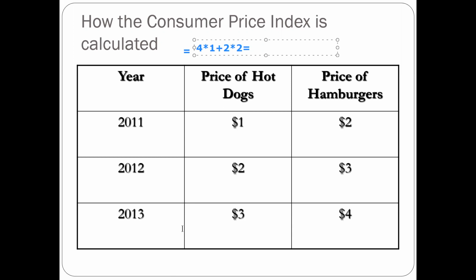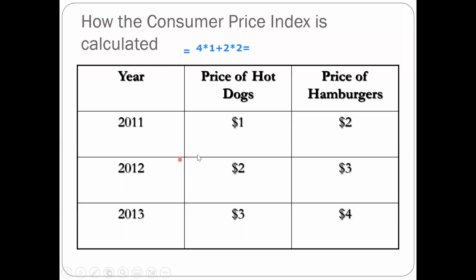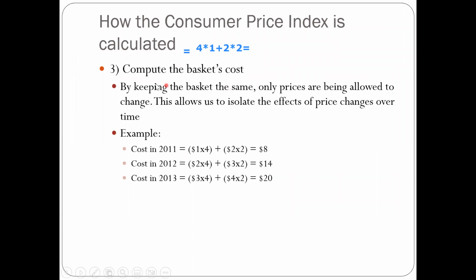And then we can calculate the Consumer Price Index in 2012 and so on in 2013. In 2012, we have the same amount, 4 hot dogs and 2 hamburgers. So step number 3, computing the basket's cost.